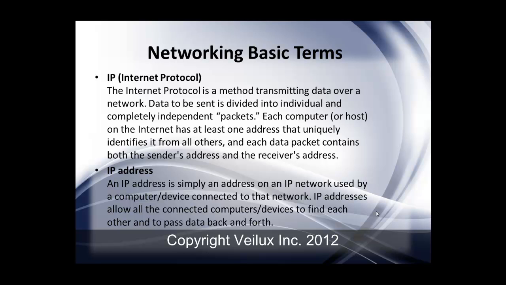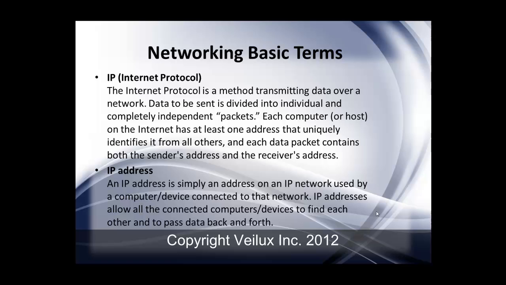Internet protocol is a method of transmitting data over a network. Data to be sent is divided into individual and completely independent packets. Each computer or host on the Internet has at least one address that uniquely identifies it from all others, and each data packet contains both the sender's address and the receiver's address.